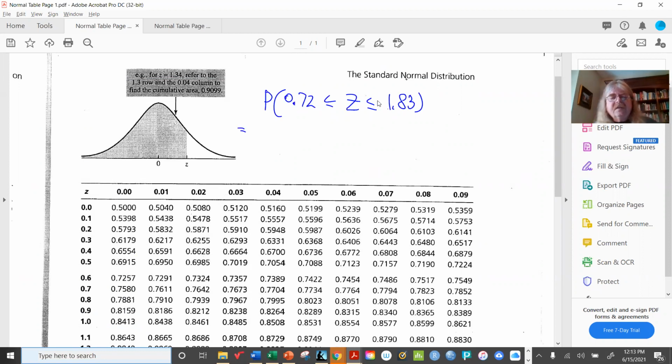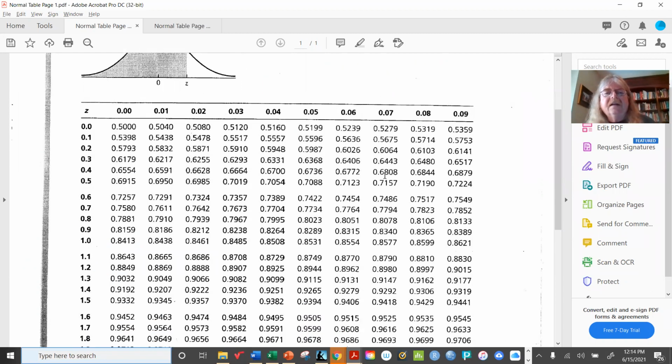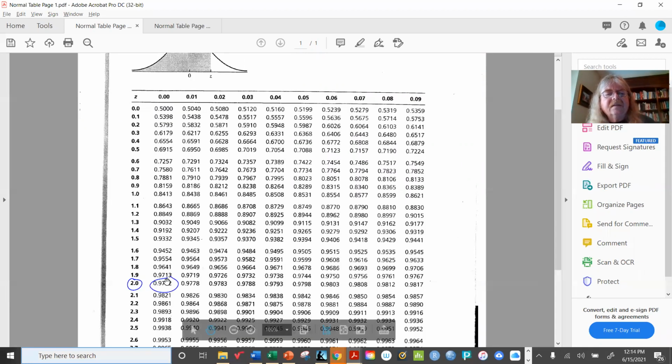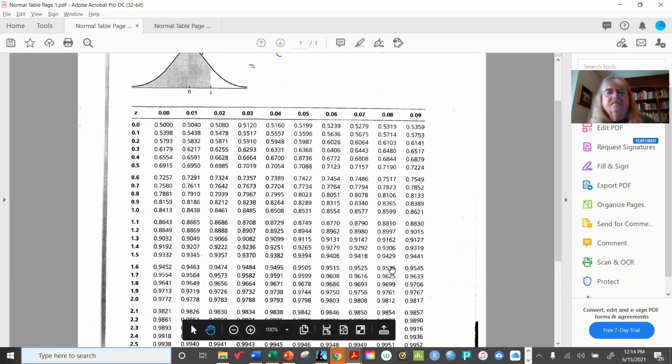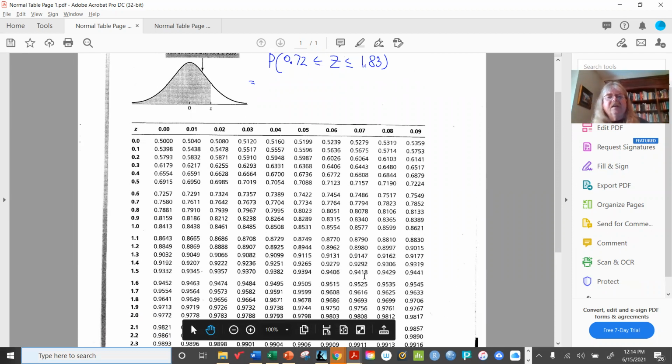Okay, so why don't you take a minute? Let me see if I can make it all fit. All right, I think you can just about see whatever you need to do it now.